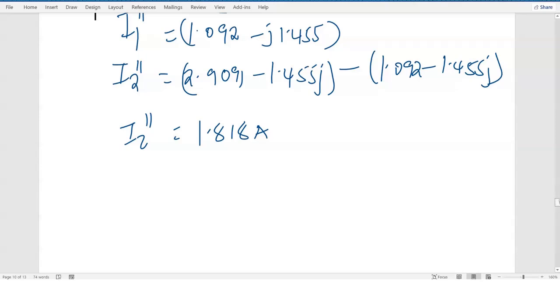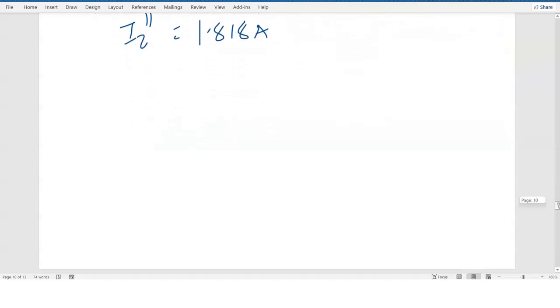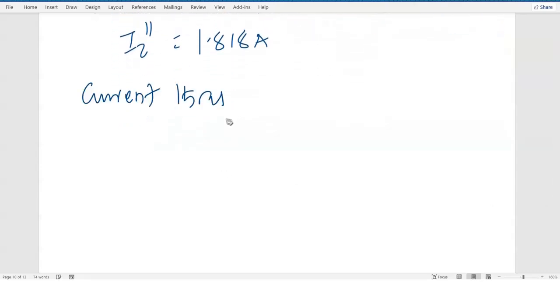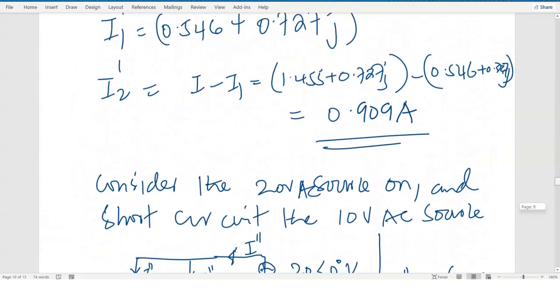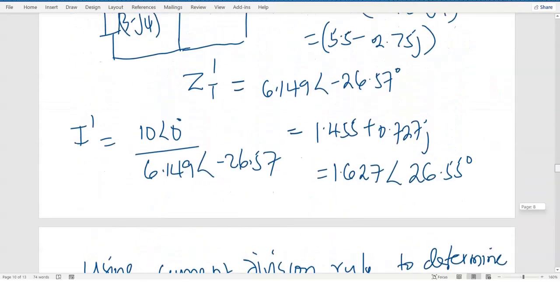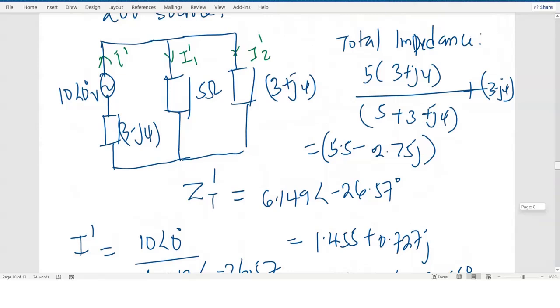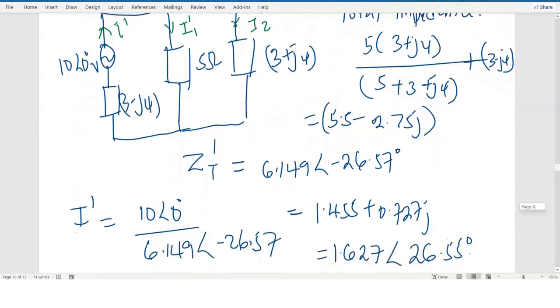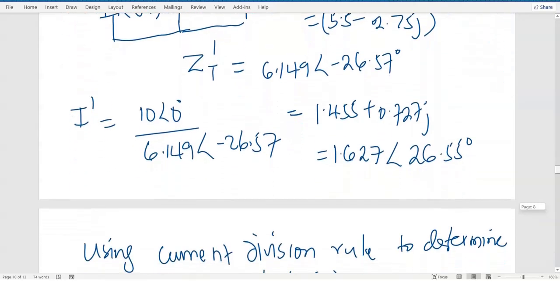So now to get the current through the 10-volt source. First of all, remember what came from the 10-volt source. We had I, specifically, which was 1.455.